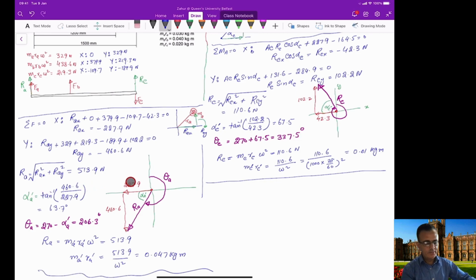So by using these equations, you will calculate the MARA, its angle, and similarly MCRC and its angle here.